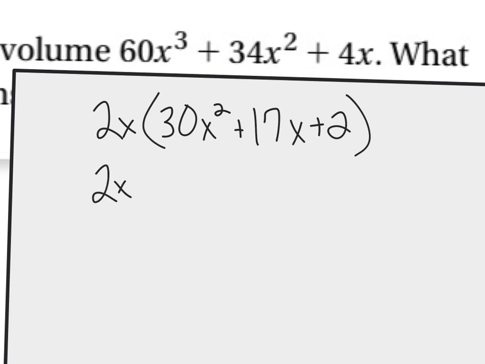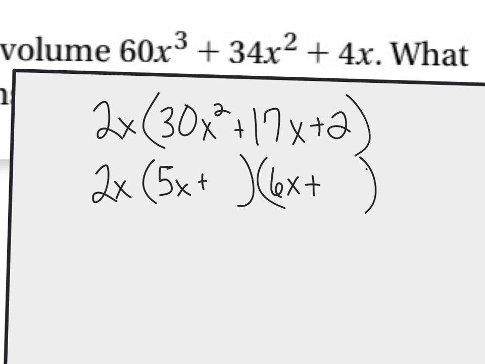And then at this point, we can just try and factor that into two binomials, unless you want to do it the book's way. So to get the 30x squared, closest factors would be 5x and 6x. Not a guarantee, but it seems like it tends to work that way a lot of times. Signs would both be positive, and then factors of 2, we've only got one option, would be 2 and 1.